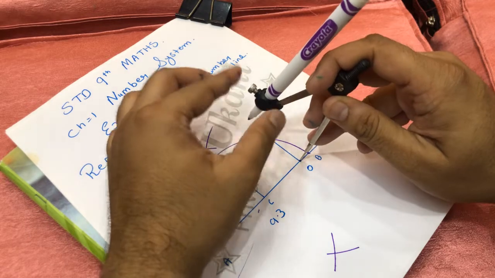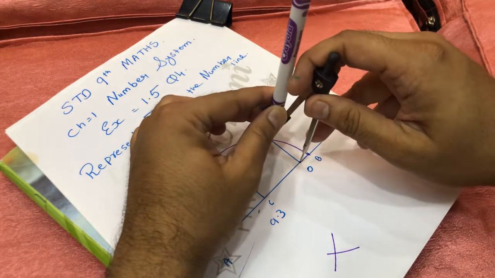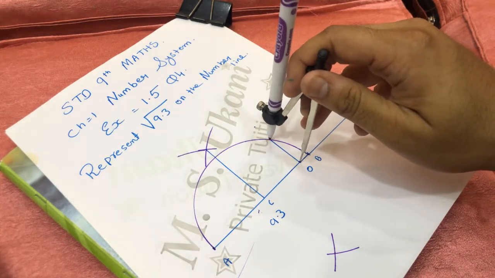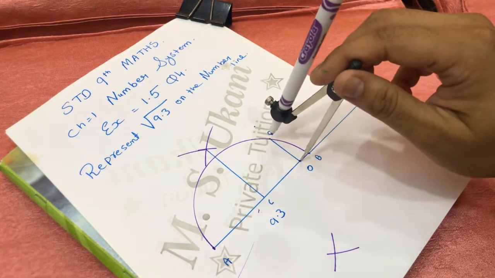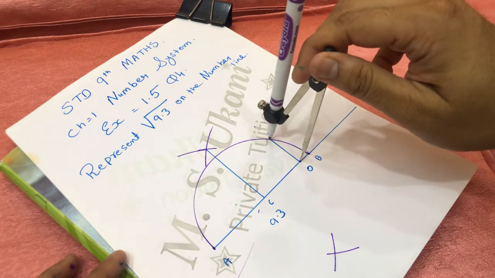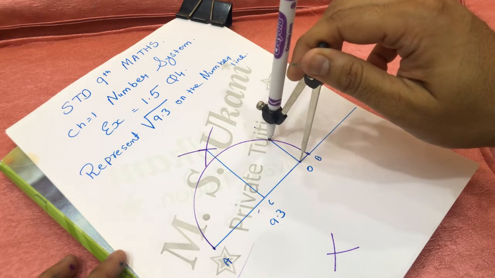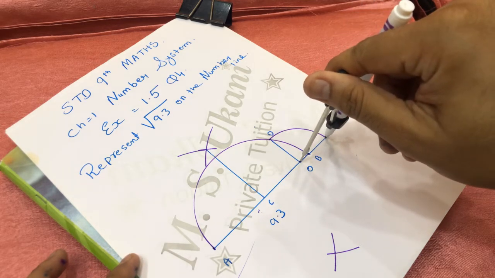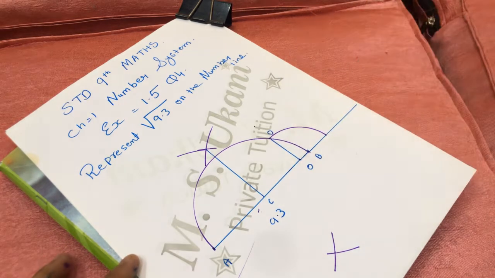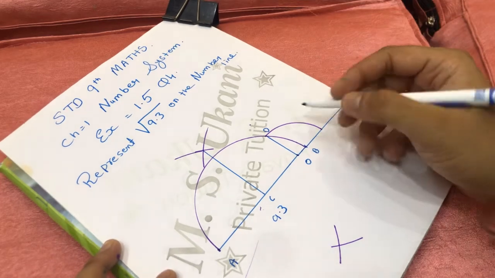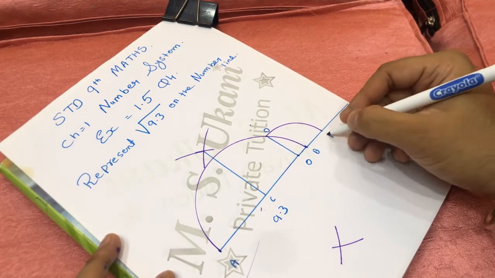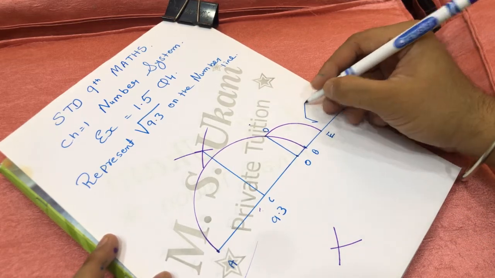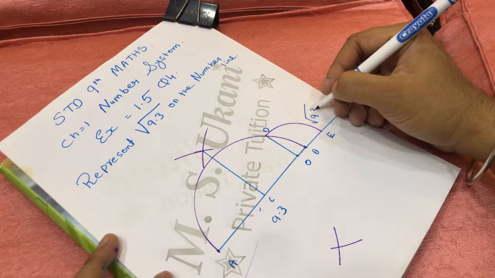That is, we have made earlier a 90 degree. See, in this way, we will open from O to D. After opening from O to D, from point O you have to cut on this line segment, and name it E. So this you will get root 9.3.